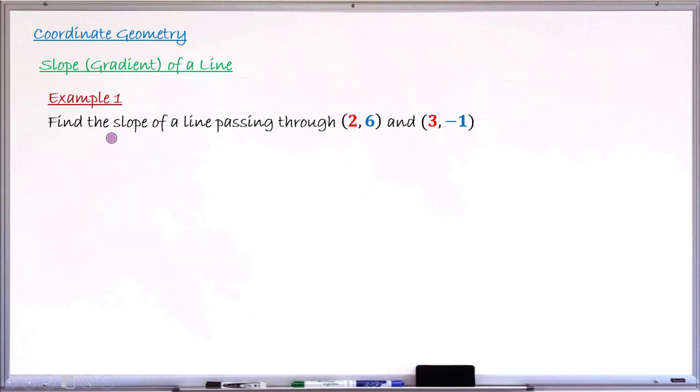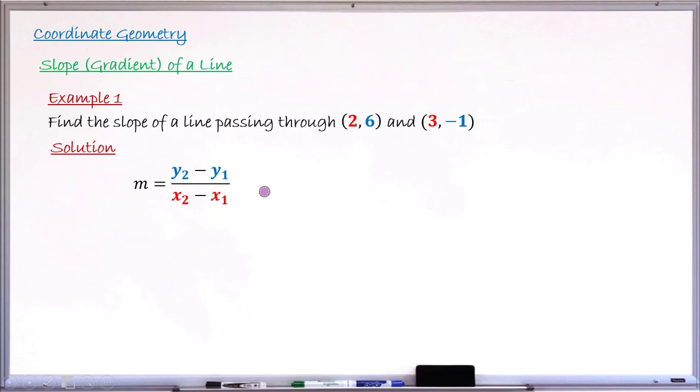So example number 1 says: find the slope of a line that passes through these 2 points. One of the points has coordinates 2, 6, and the other point has coordinates 3, minus 1. Solution to our problem. What we do first is to write down the formula for finding slope, which is m equals y2 minus y1 divided by x2 minus x1.